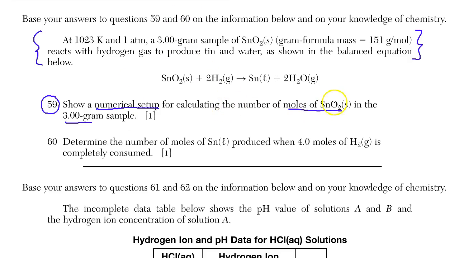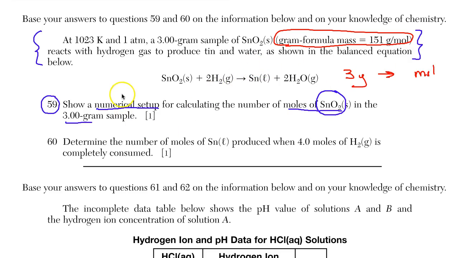Now, we know that when we convert from moles to grams and grams to moles, we use the formula mass, the mass of the formula, using the atomic mass of the individual atoms to get the conversion factor of moles to grams. However, party people, they have given us the gram formula mass, so we already have that. So we're going to convert 3 grams into moles, and let's do that in the answer booklet, but they just want the setup. Okay, so let's do that.